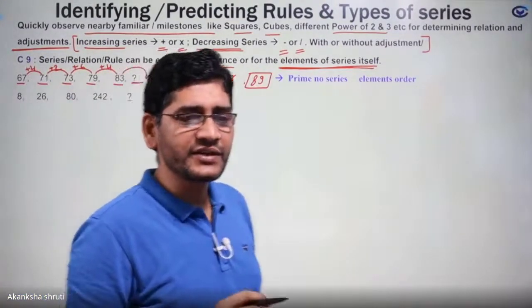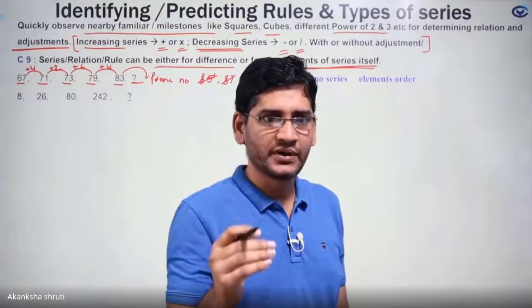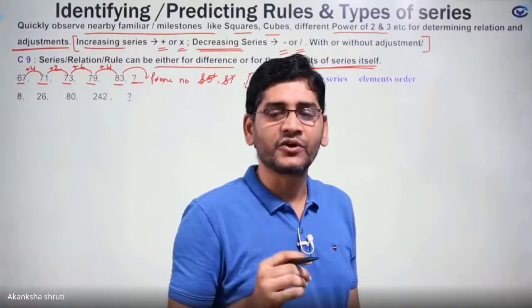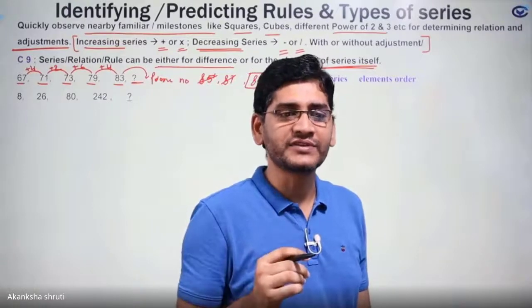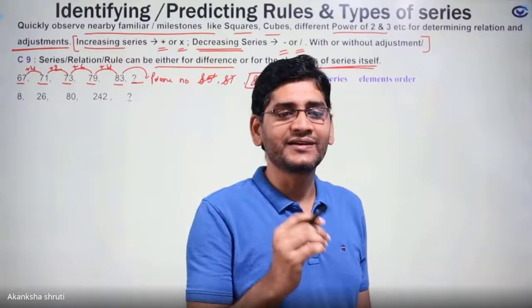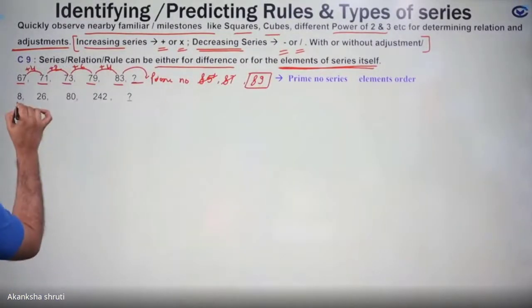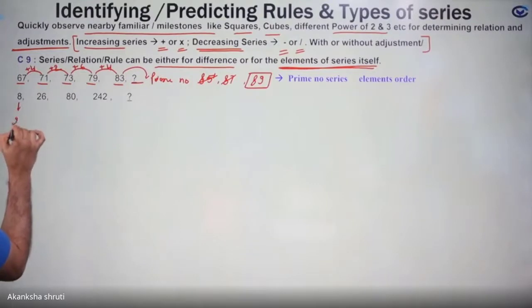So wherever the number varies rapidly or jumps, at that time we shall not think of the number directly. We shall think of the nearby familiar number. We know that 8 is one of the familiar numbers, and it is our 2 cube.